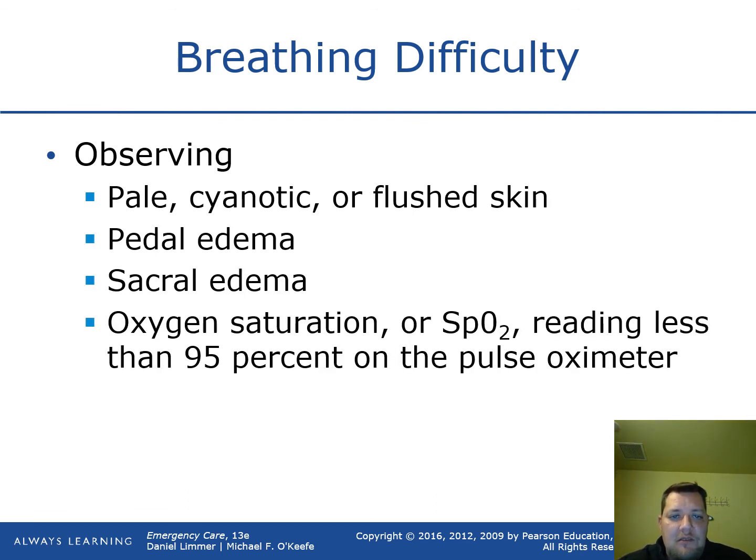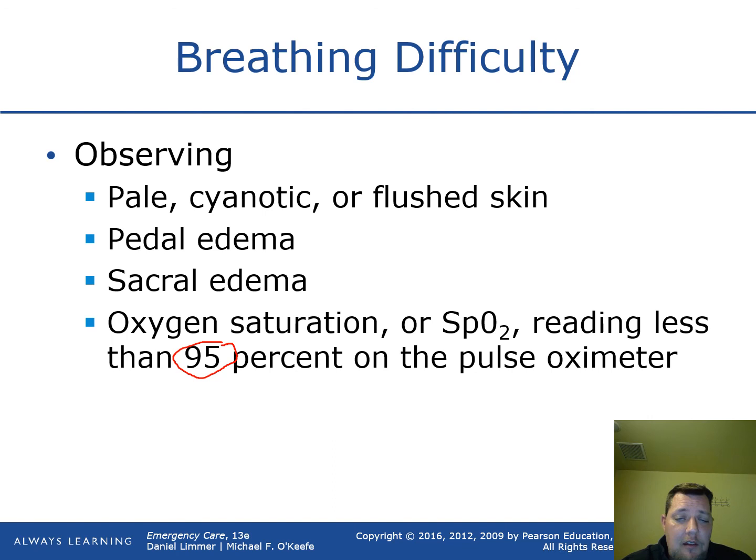We also want to look for pale, cyanotic or flushed skin, pedal edema, sacral edema, and oxygen saturation. So what we're looking for is an SpO2 of about 94% on the pulse ox.